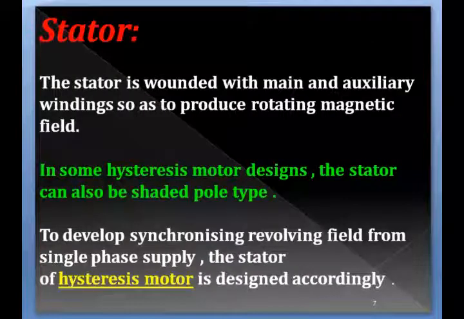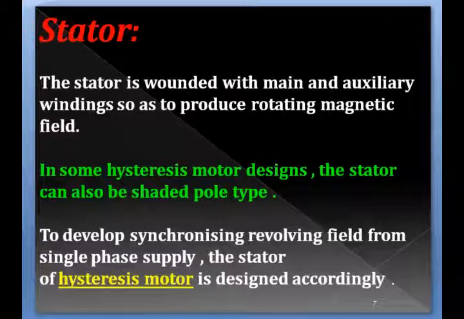Now I'm going to discuss the stator. To produce a rotating magnetic field, a main winding and an auxiliary winding are employed like other single phase induction motors. Sometimes shaded pole type construction is also employed to produce a rotating magnetic field.